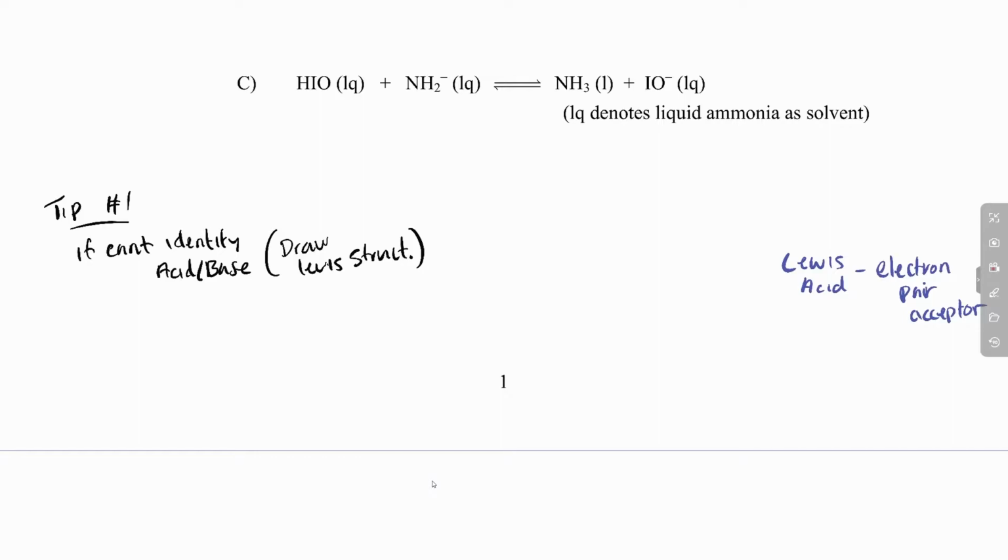Okay, so Lewis acids and bases care about electron pairs. What do I mean by that? With water, for example, there are lone pairs, right? And each of these we would call an electron pair. So basically, if a molecule were to accept those lone pairs or electron pairs, then it would be acting as a Lewis acid.